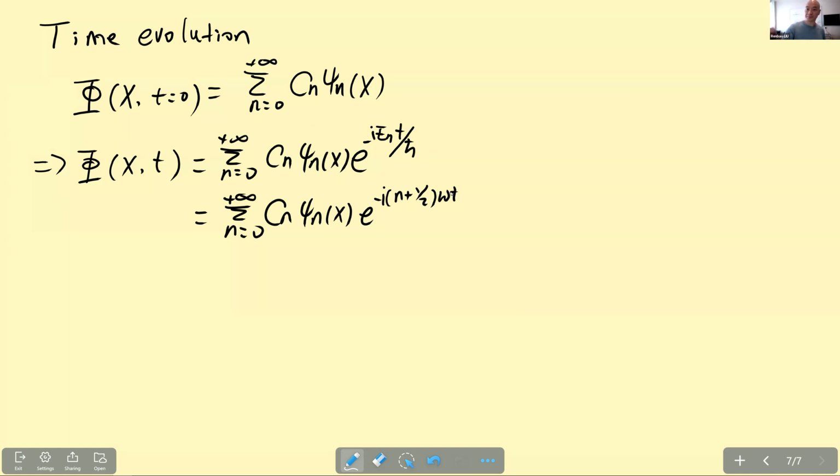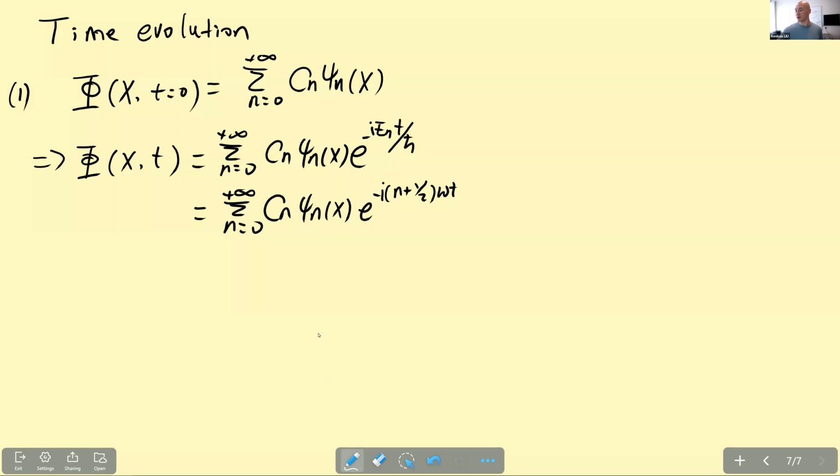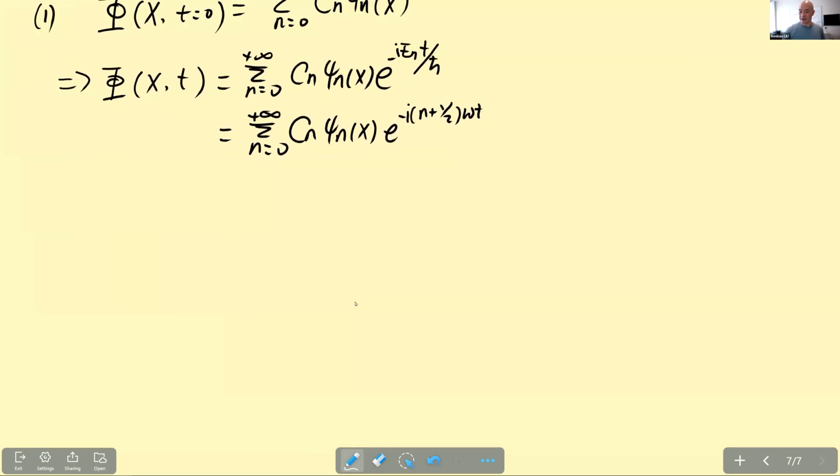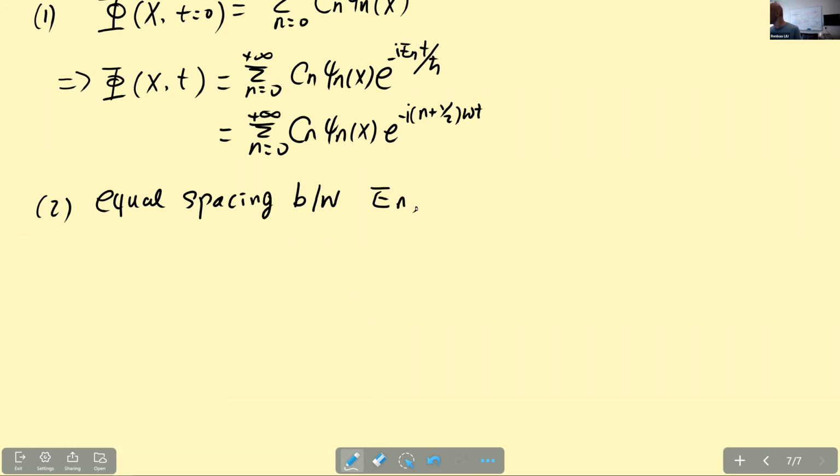And because the energy levels are equally spaced, you can see that we have a periodic motion, with the period T just equal to 2 pi divided by omega, okay?